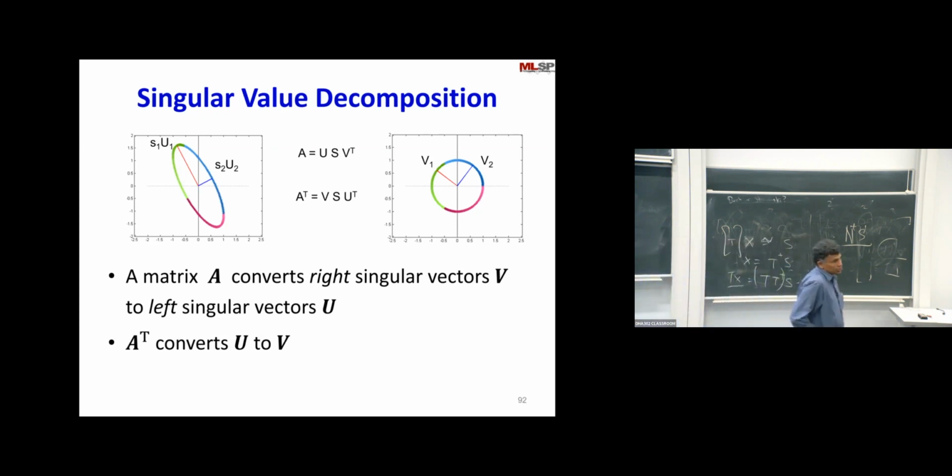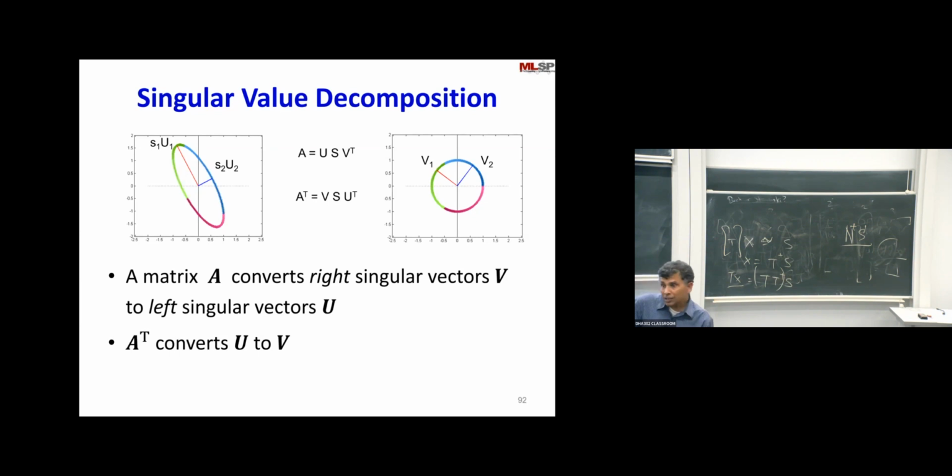There are two key aspects to it. Suppose I give you a vector of unit length on the input space. The singular values are the lengths of the major and minor axes of the output ellipse. The singular vectors are the vectors themselves, right?